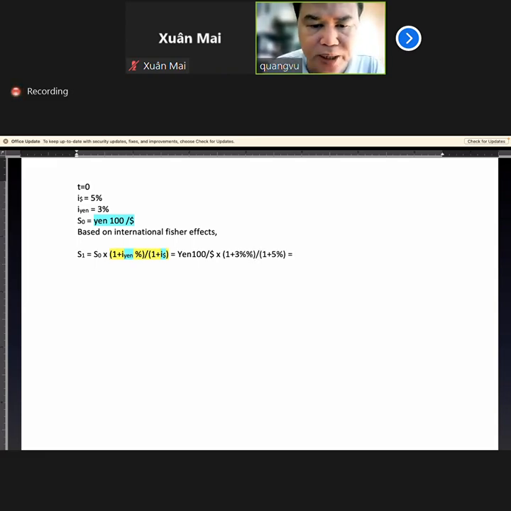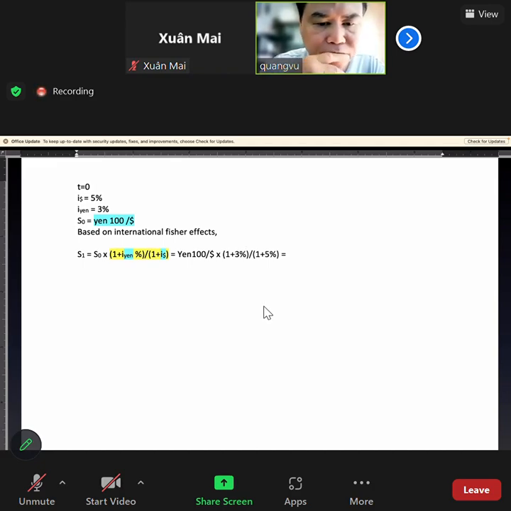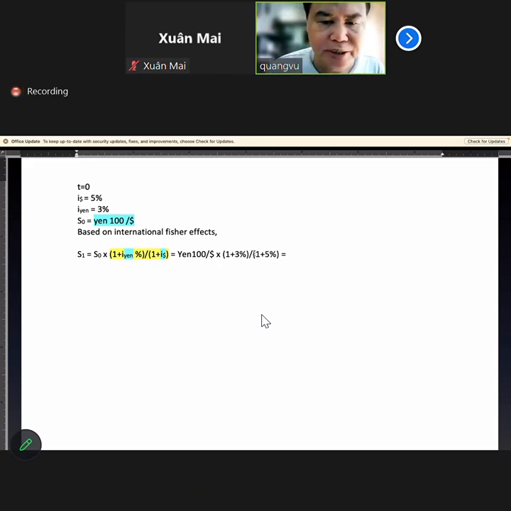Let me use a calculator real quick. We have 100 times 1.03 divided by 1.05. And the future spot rate will be 98.09 yen per dollar. This is the final answer.